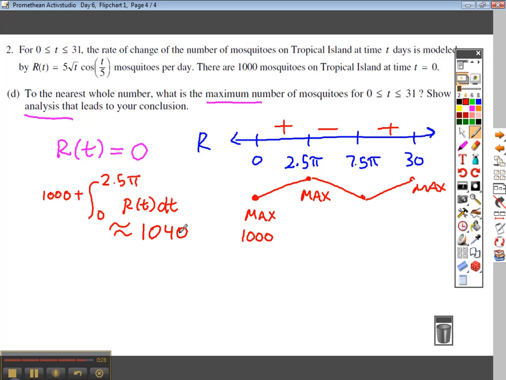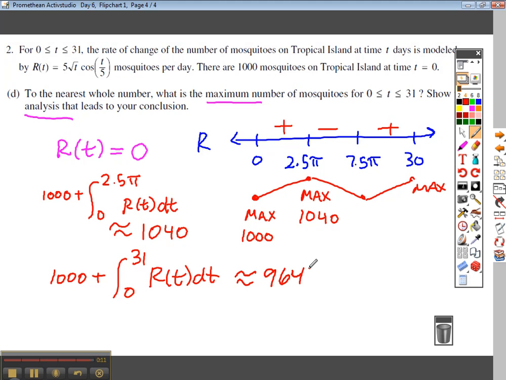So already, this is bigger than the other one. To figure it out at the end, I need to do the integral from 0 all the way to 31 of r of t dt, which turns out to be 964. So it turns out that this one wins.